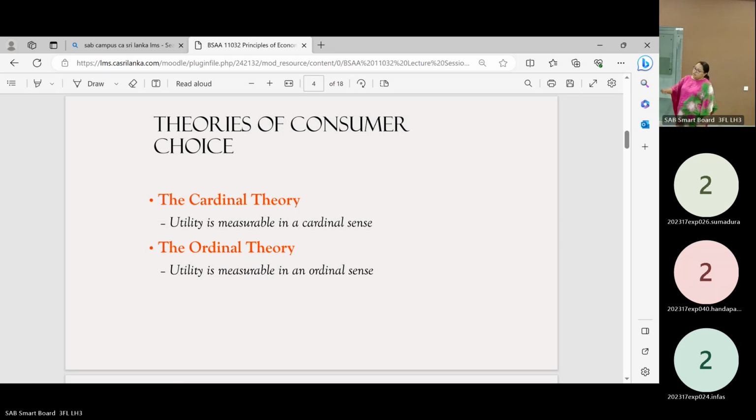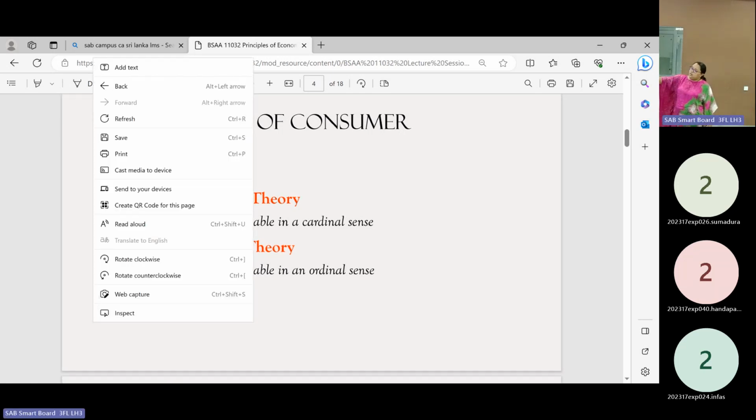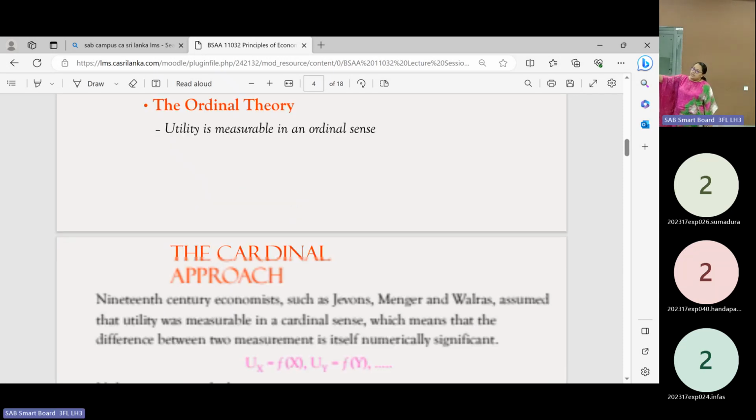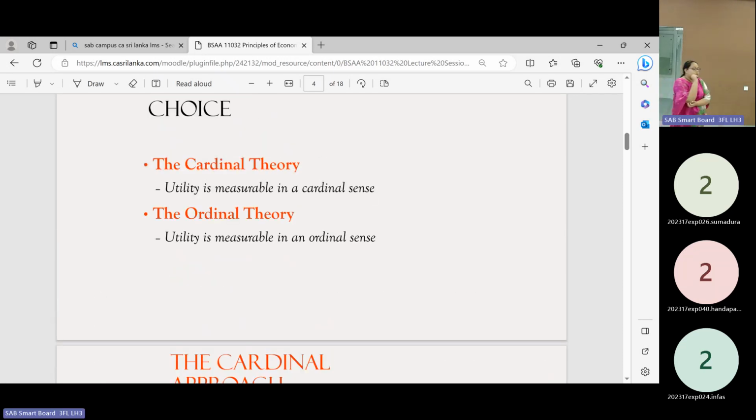Now, before we go into the cardinal utility approach, we are going into a practical example. Please write down the question.